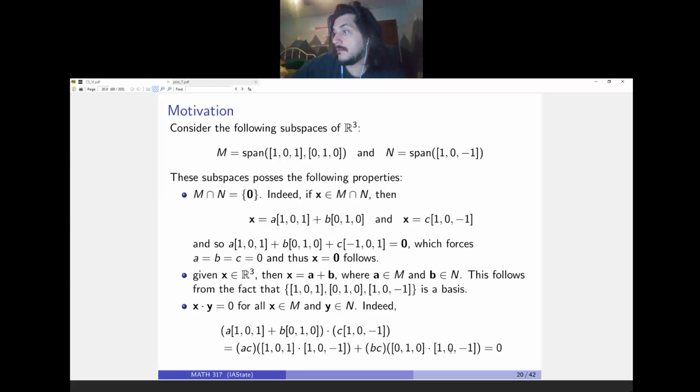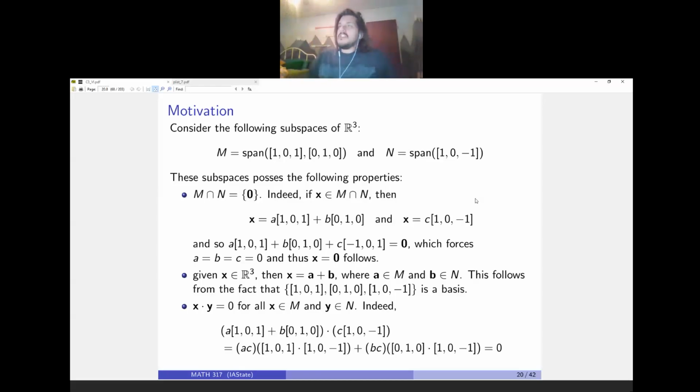And here, right, zeros are in precisely the right spot to 0 out, so the AC and the BC literally do not matter. Okay. Right, because again, anything that's in M is a linear combination of those two vectors, and anything in N is just the scalar multiple of this one.